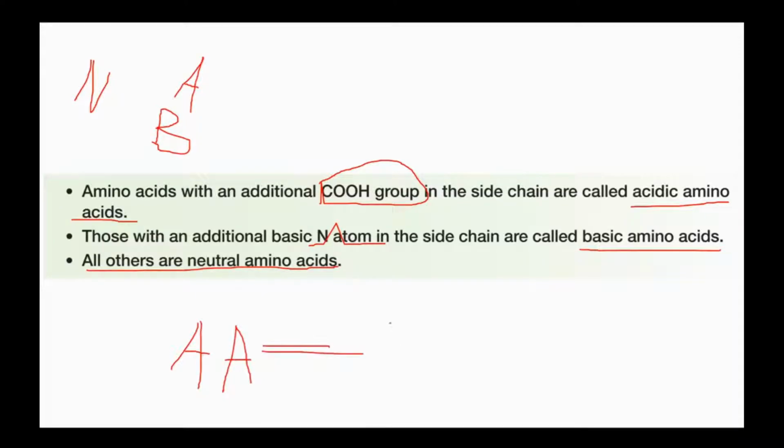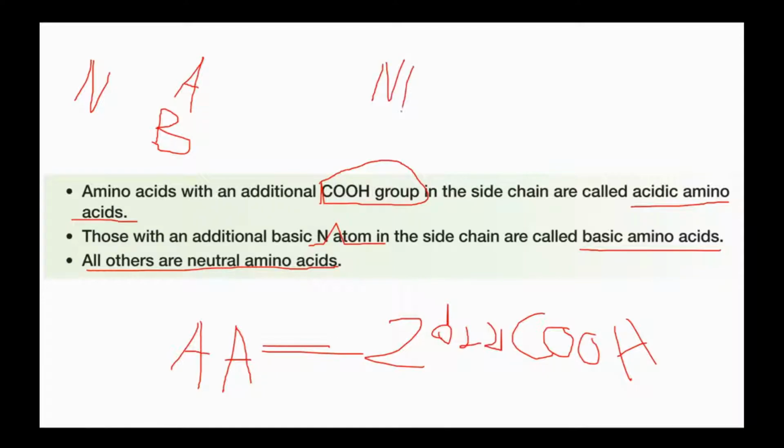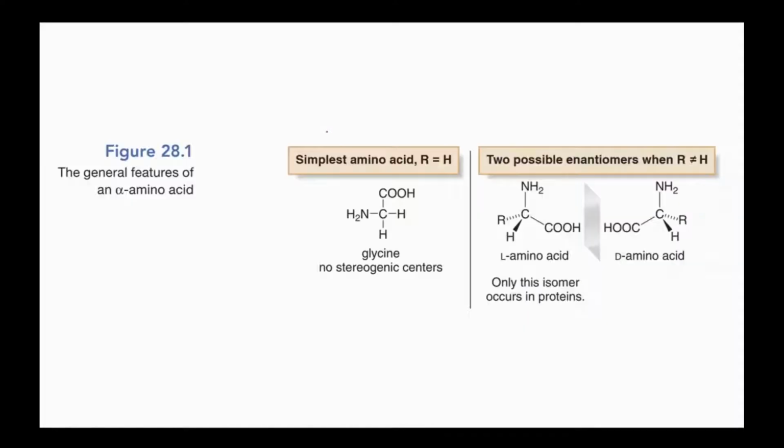If it contains 2 or more COOH groups in the side chain, that is called an acidic amino acid. If it contains more NH groups, then it is called a basic amino acid. If it contains 1 acid group and 1 basic group, that is a neutral amino acid.